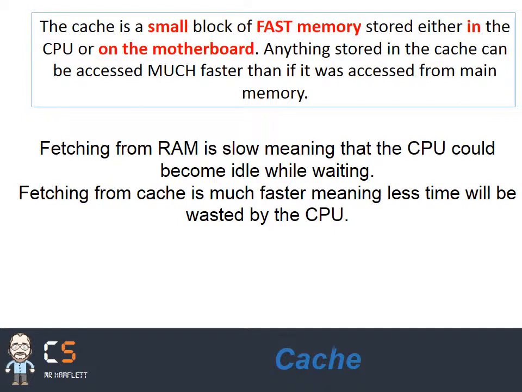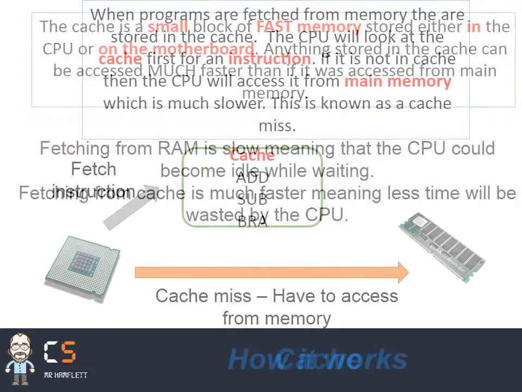Anything stored in cache will be accessed much faster than main memory, so RAM. Fetching from RAM is slow, but fetching from cache is faster. Therefore the time I'm waiting for something to be fetched from RAM is longer than the time I'd wait if it's fetched from cache. So long and short of it, having stuff in cache is a good thing.